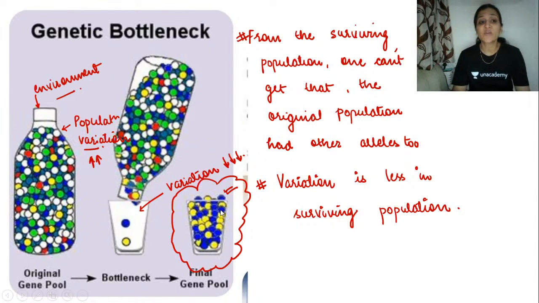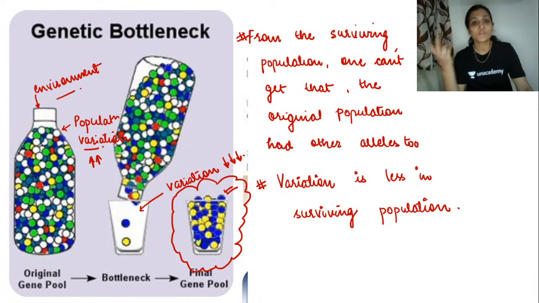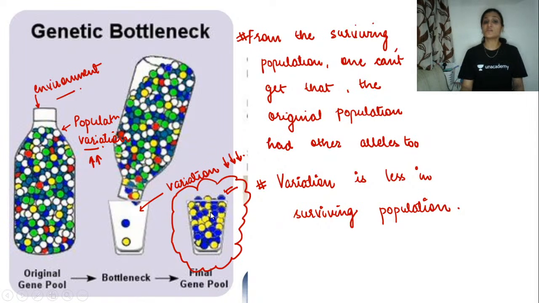These are the things you can understand from the bottleneck: the surviving population has only two alleles by color. This is just a hypothetical explanation based on color. If colors are the alleles, then just two alleles are there, and in the original population there were so many alleles. So you cannot guess from the beads in the glass that originally there were red, white and green also. That is what you can make out from the bottleneck effect.